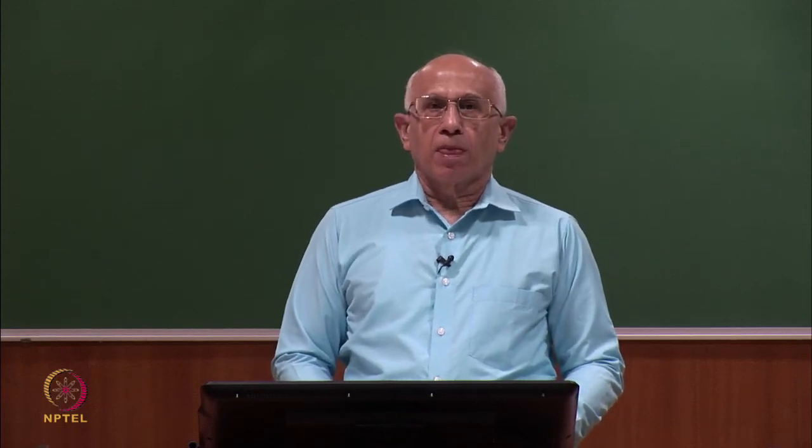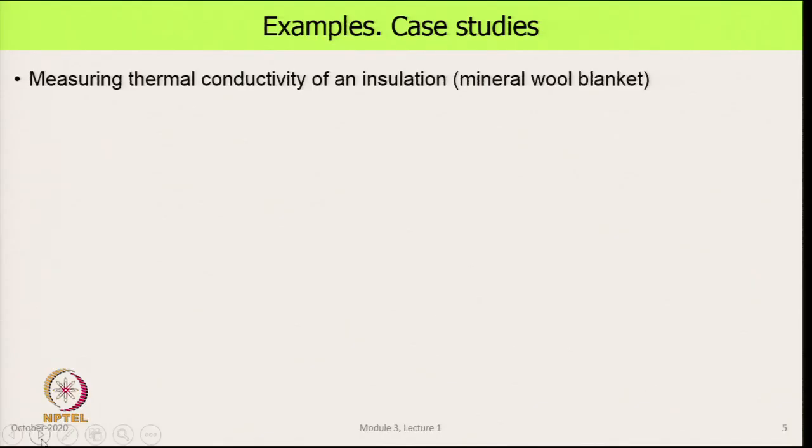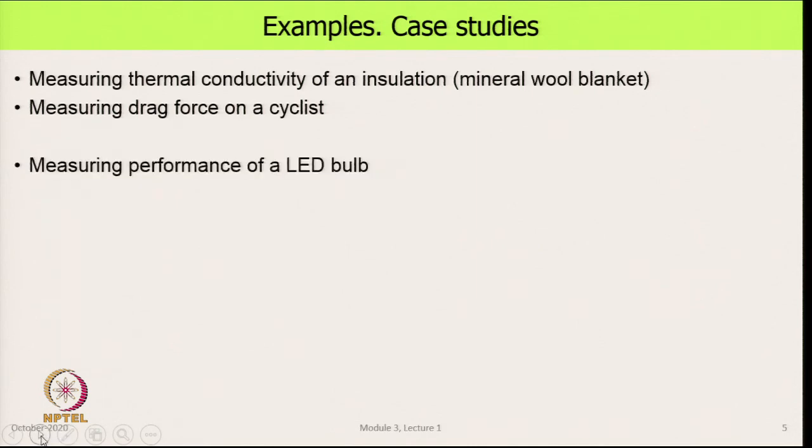The first example I had given was on thermal conductivity of an insulation material like a mineral wool blanket, and the second was on measuring drag force on a cyclist. These were just two sample examples out of many that are possible. For example, we want to measure the performance or the efficiency of an LED bulb.